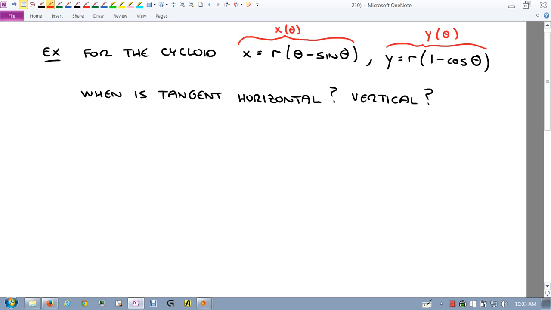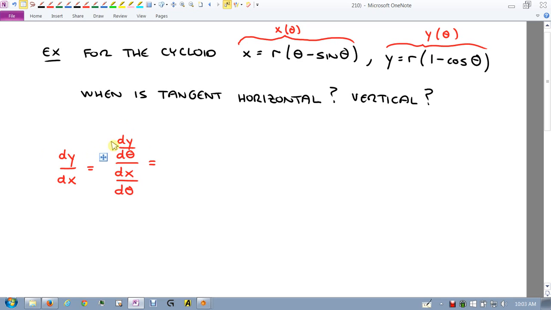So do you agree that for both of these questions about the tangent line, we need the derivative, right? We need dy dx. And dy dx is going to be dy d theta over dx d theta. So I'm using theta instead of t in that formula.